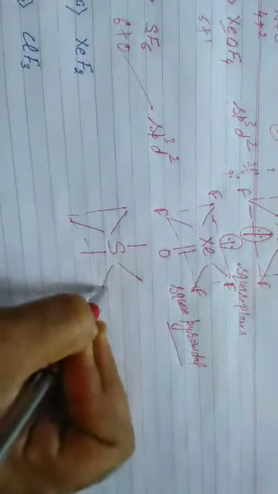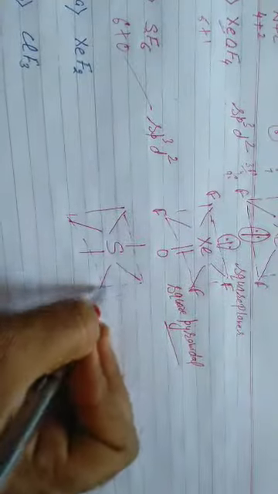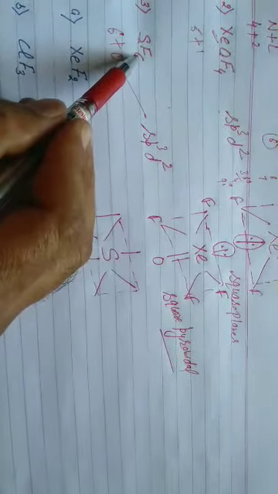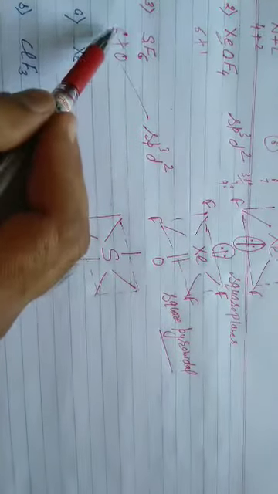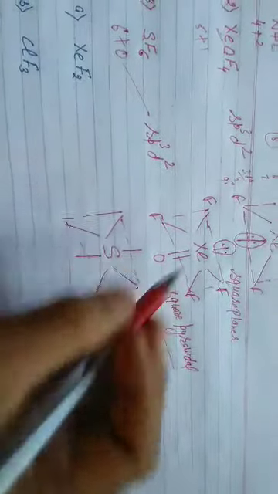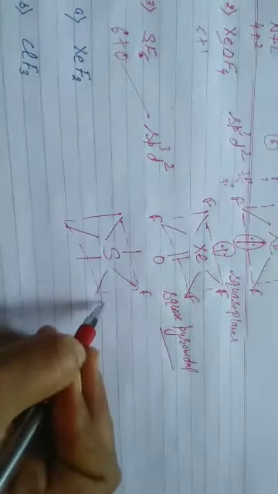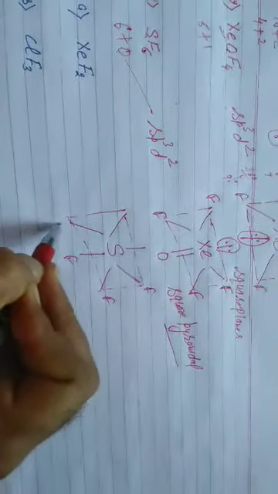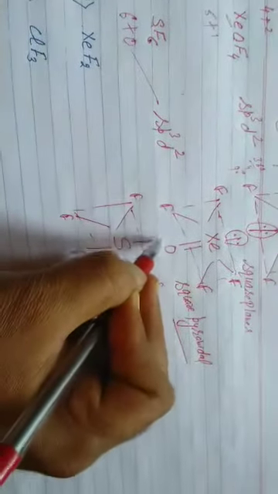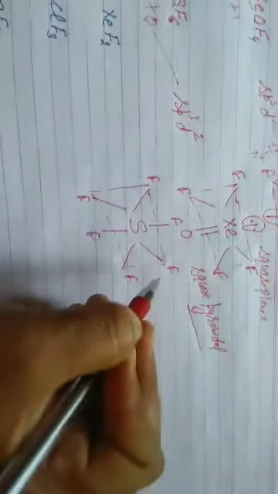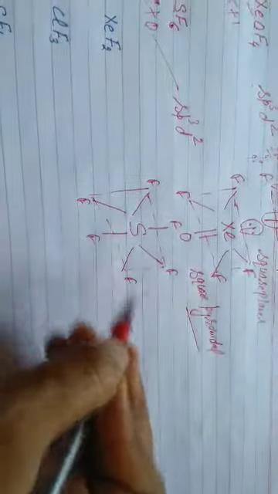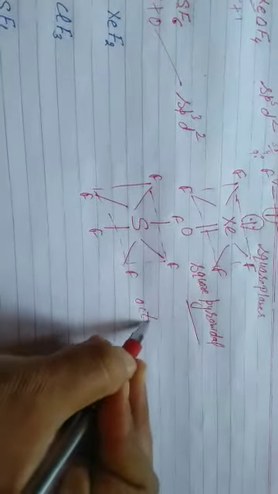Students, it is clear it is a regular molecule because sum is 6 and surrounding atoms are 6. 6 bond pair and 0 lone pair. All positions are occupied by bonded atom, that is fluorine. It is your regular molecule. And what is the name of this shape? Geometry is octahedral, shape is again octahedral.